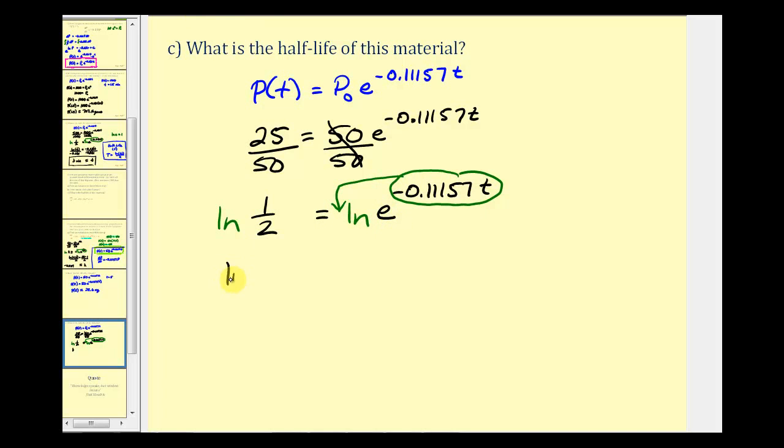So we have natural log 1/2 equals negative 0.11157 t times natural log e, but natural log e is equal to 1, so now we just divide by our decimal, which is k.